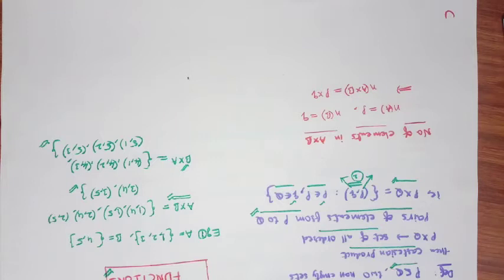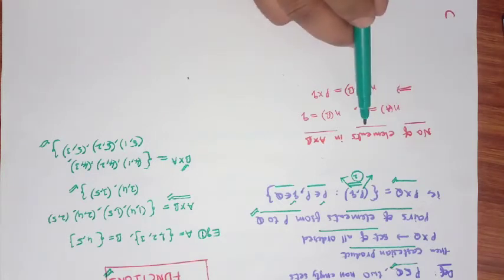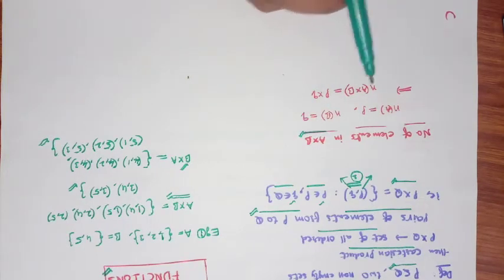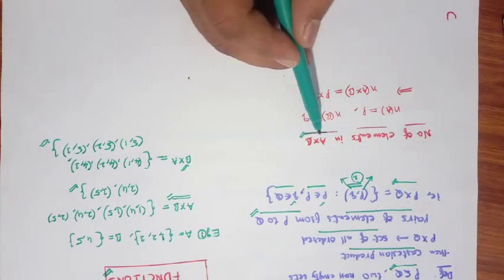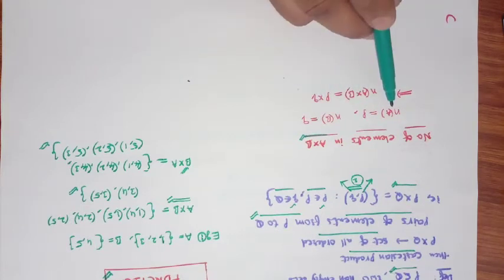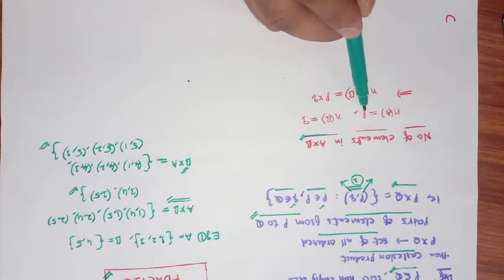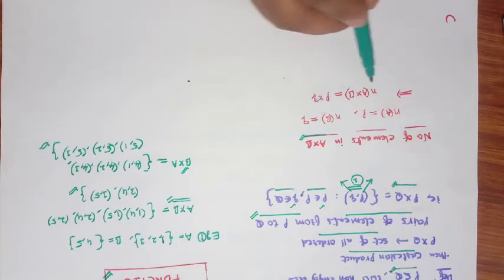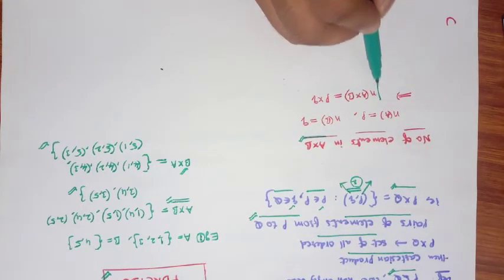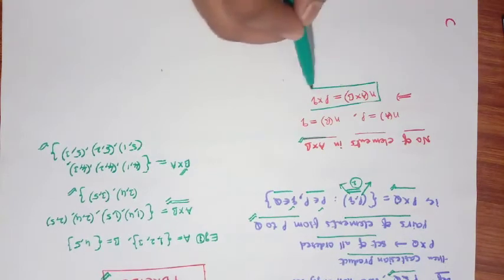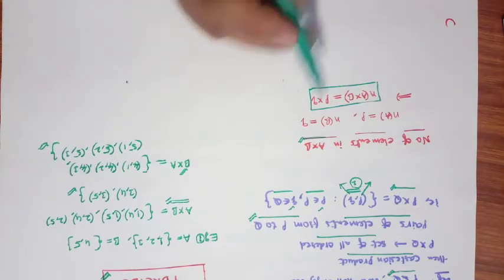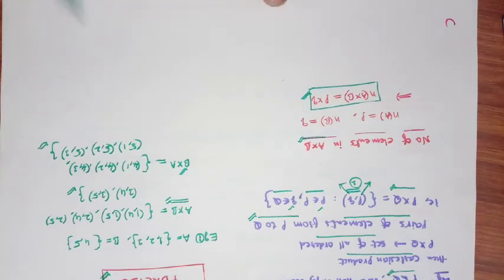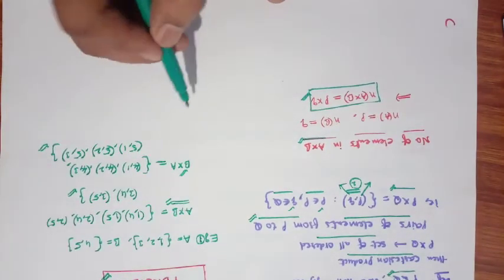And we'll come to the next: number of elements in A cross B. Number of elements in the Cartesian product. If the number of elements in the first set is p and the number of elements in the second set is q, then the number of elements in A cross B is equal to p times q.